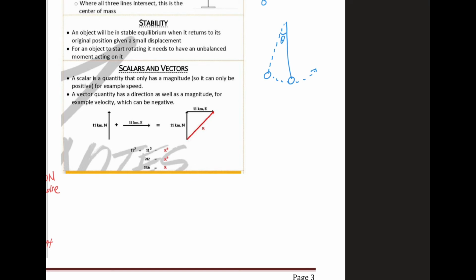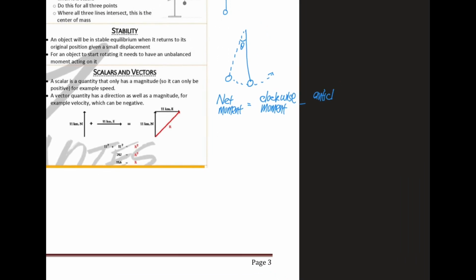There is a formula which you can consider also. You want to find out the net moment. You take clockwise moment minus anti-clockwise moment.